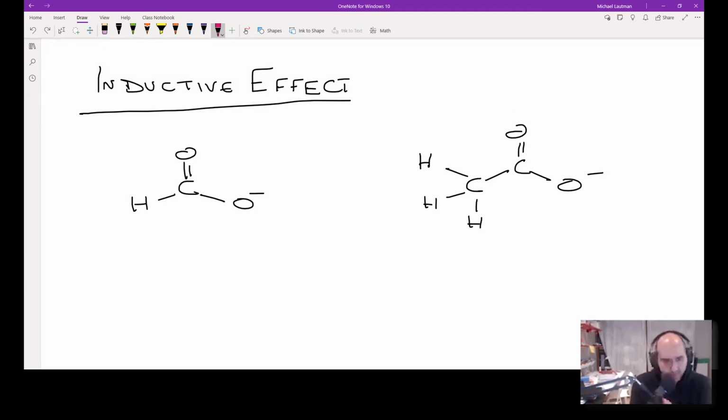The carbon-hydrogen bond, so carbon has an electronegativity of 2.5, and hydrogen has an electronegativity of 2.1, which means that the difference in electronegativity of the CH bond is 0.4, which is right on the border of polar and not polar. So in fact, the carbon-hydrogen bond is a very, very little bit polar. And what's interesting is that it's polar this way, just a little bit.